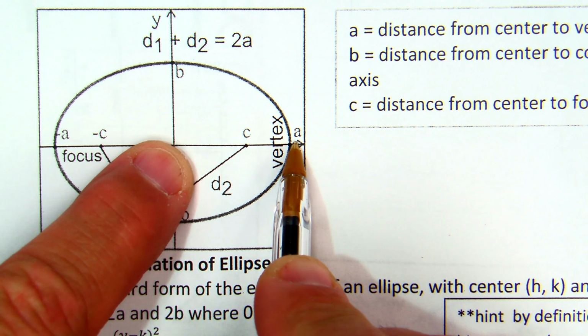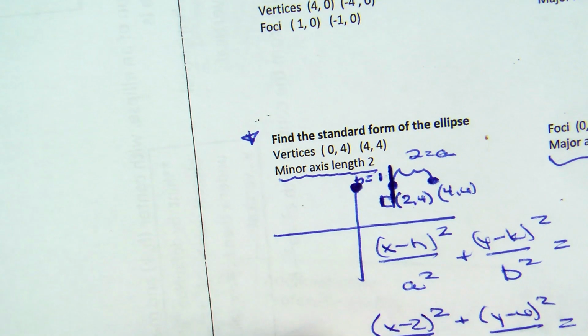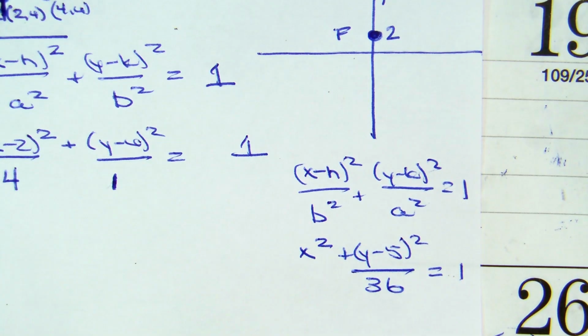Half. What's half of 12? 6. And what's 6 squared? So that becomes 36. Everybody good with that idea? If they give you an axis length, divide it by 2 and square it. If it's the major axis length, that should be a². If it's your minor axis length, that should be b².